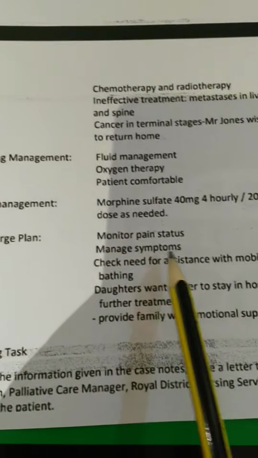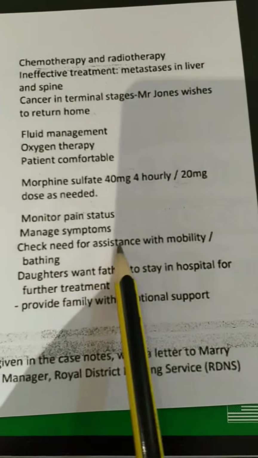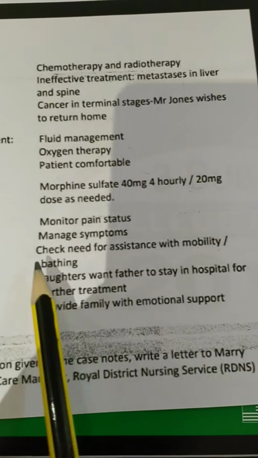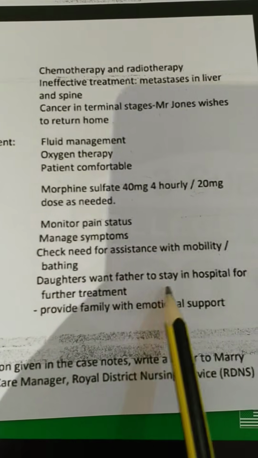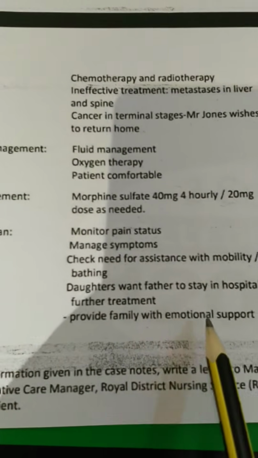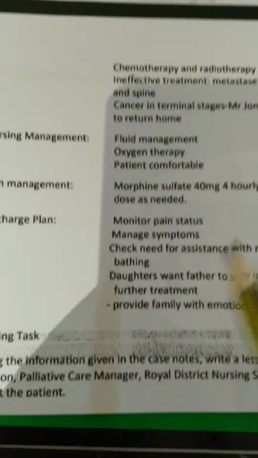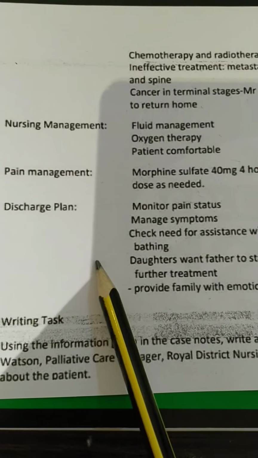And the discharge plan is given: monitor pain status, manage symptoms, check need for assistance with mobility and bathing. Daughters want father to stay in hospital for further treatment. Then provide family with emotional support. So those are the recommendations given in the discharge plan.